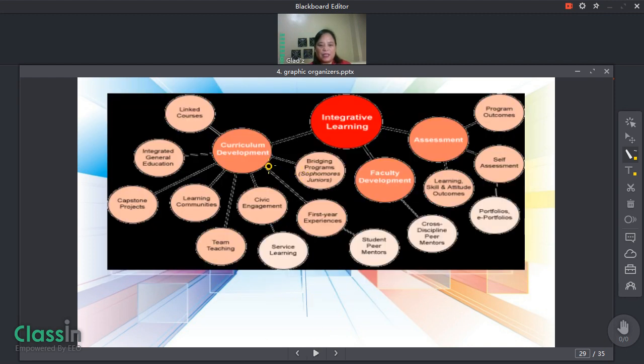And then how about this next? We have here the central idea, and then the other information related to our central idea. So that is a concept map or cycle diagram. Very good.